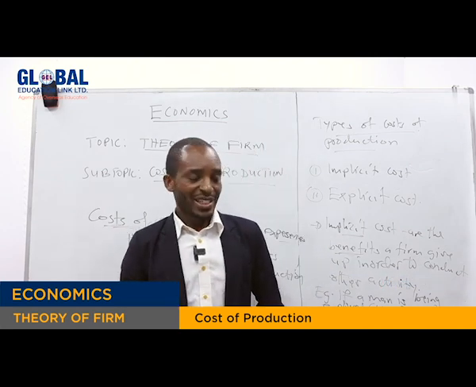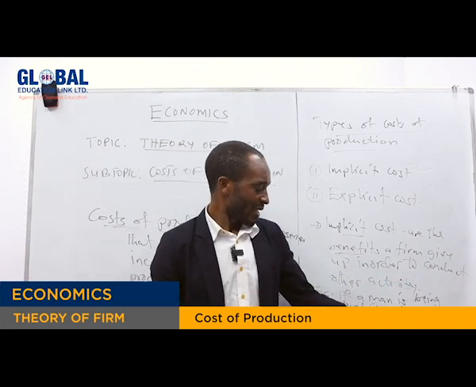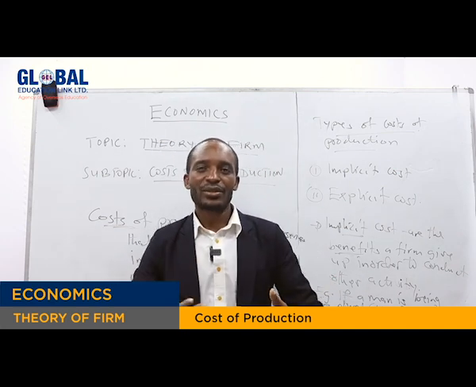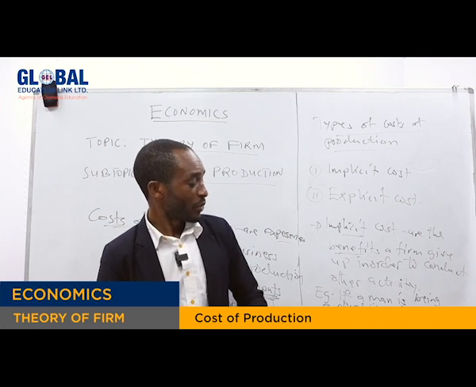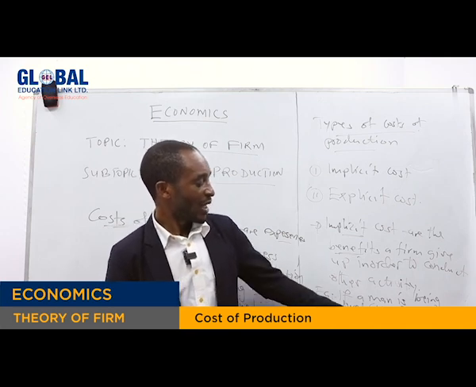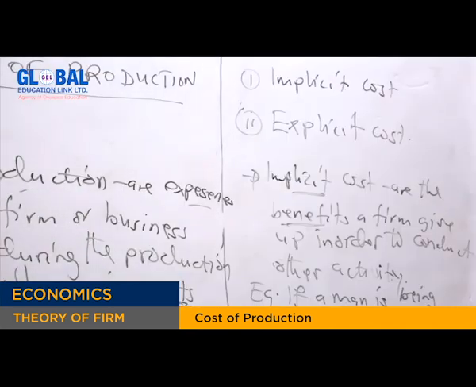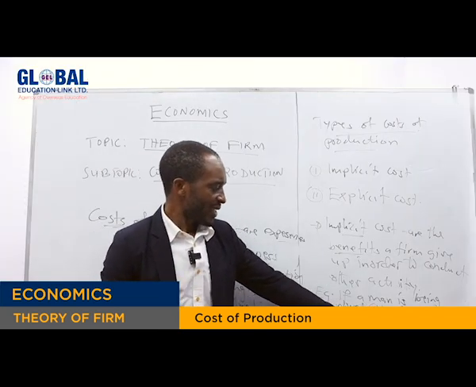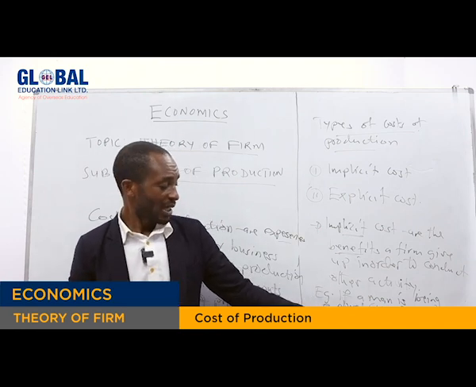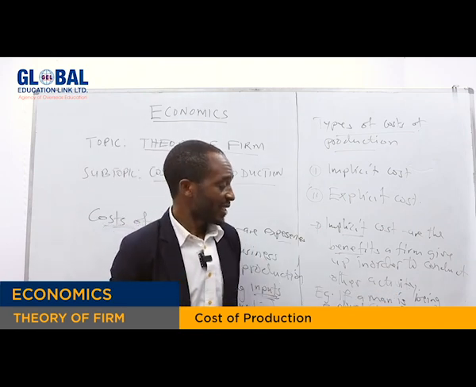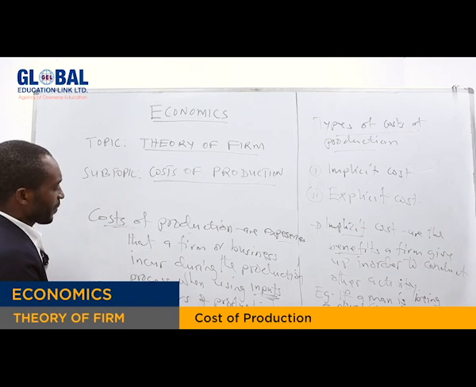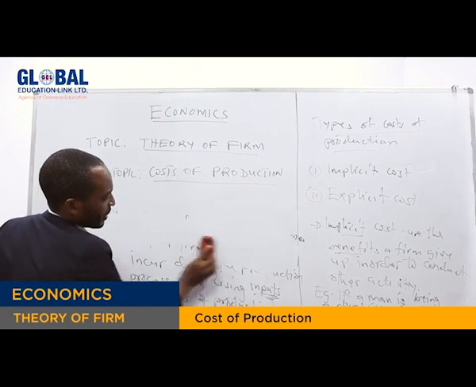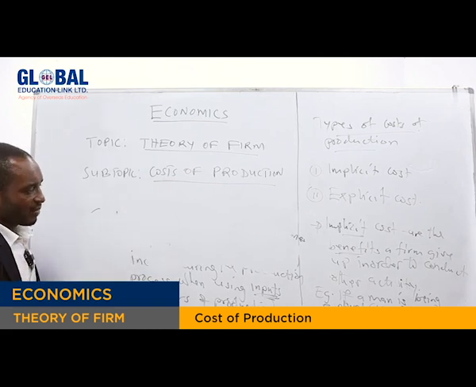Now, a businessman can give up this wage, which is 700,000, and start his own business, which will yield a profit more than this one. If a businessman gives up this wage and starts a business which will yield 900,000, that means the profit he will get when he starts a business.